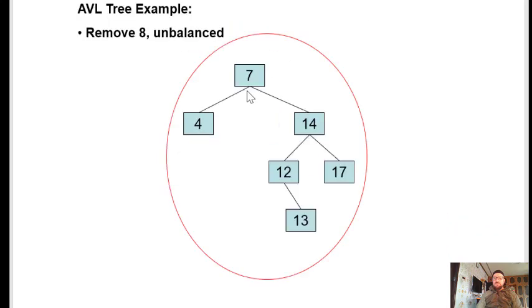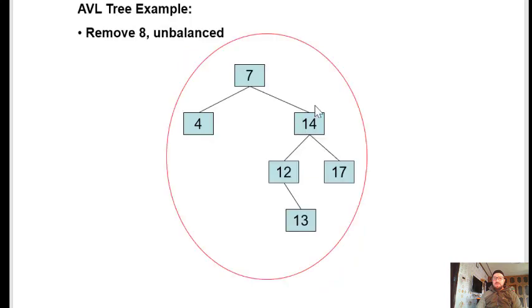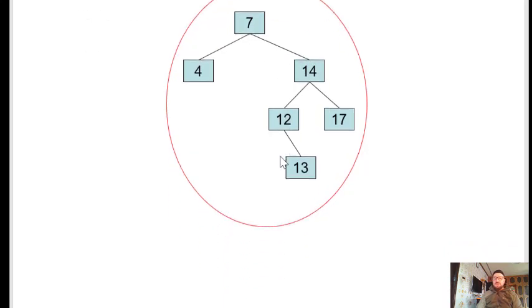Now if you remove the 8, what will happen? The 7 will come up, and the rest will be the same. But here it becomes imbalanced, because 7 will have a left subtree of 1 and a right subtree of 1 2 3, that is negative 2, so it's a problem. So you will do the rotation again.